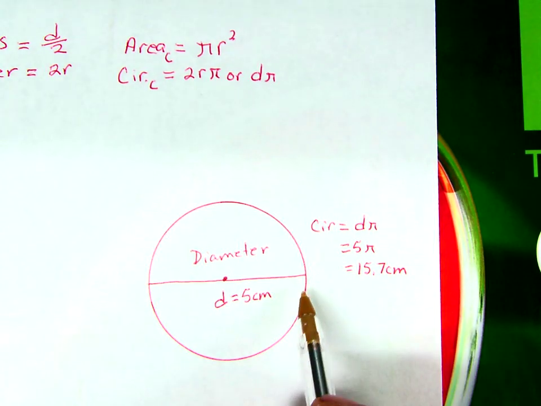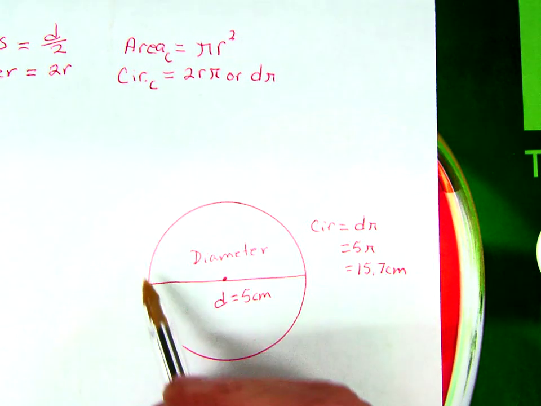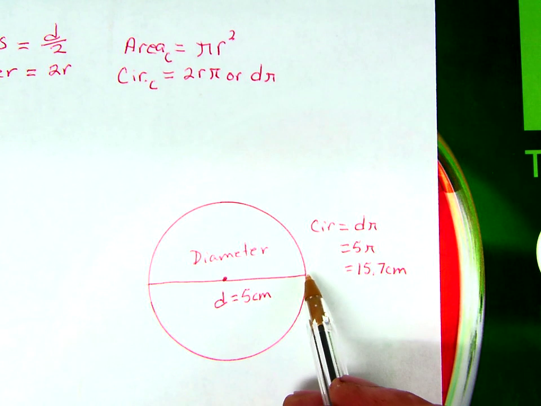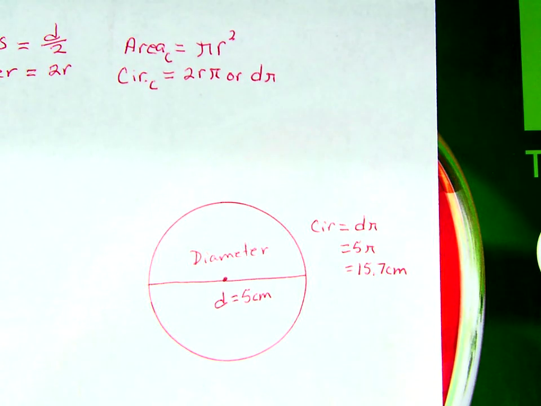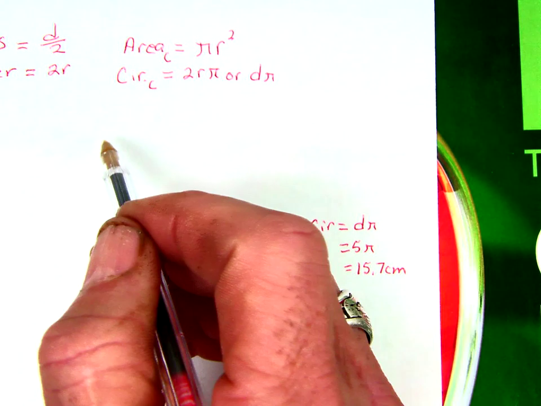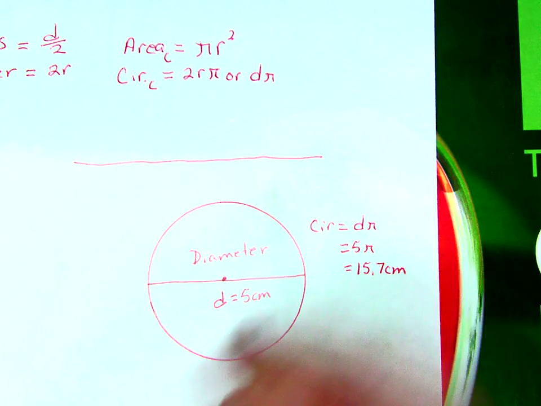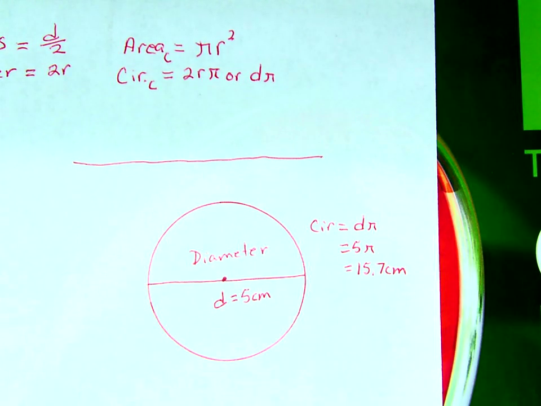Now circumference means how far is it from one point on the edge of the circle all the way around back to that one point. If we were able to take this circle and lay it out flat, it would become a line, linear. And it would have a length.